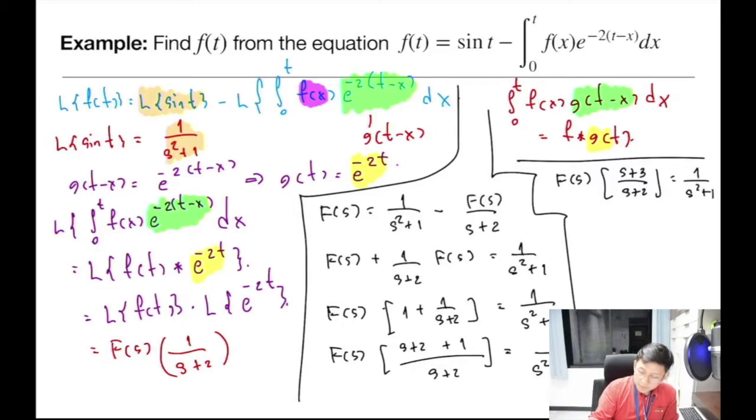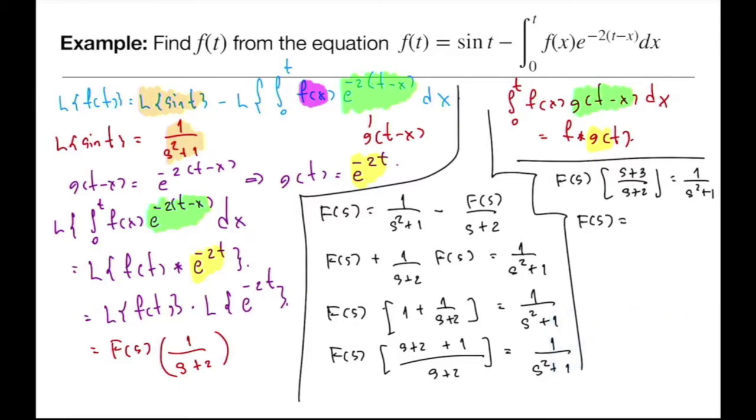So we have that F(s) is (s plus 2) divided by (s plus 3) times (s squared plus 1).